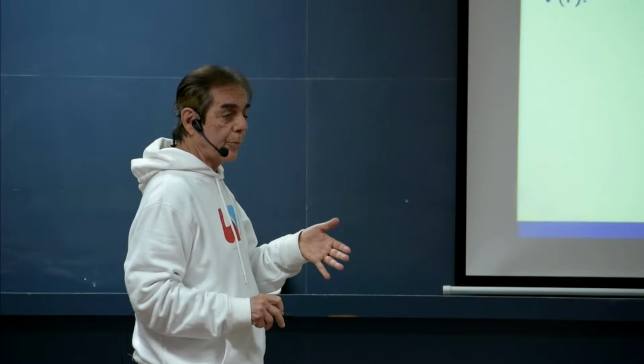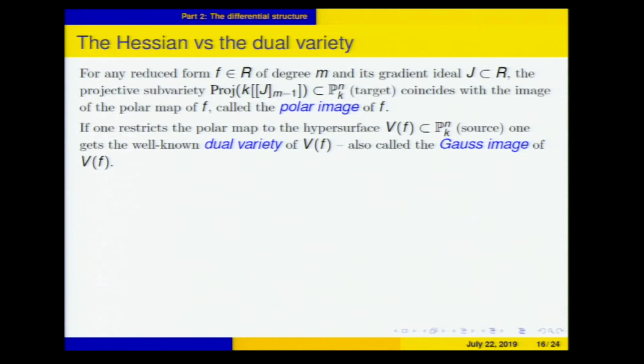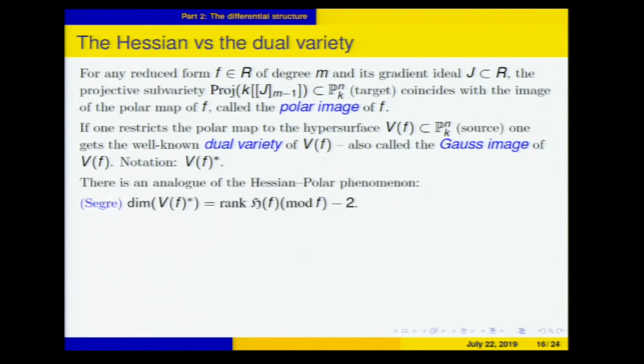Or if you want algebraically, you go mod the ideal generated by f, then you get this dual variety, also called the Gauss image, because this generalizes to the Gauss map. But in this case, just the dual variety itself. This is the notation. Now there is this famous equality by Segre, where the dimension of the dual variety is the rank of the Hessian modulo f. So you have to compute it modulo f and then subtract 2.